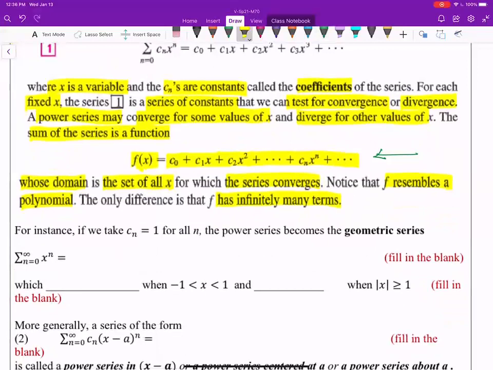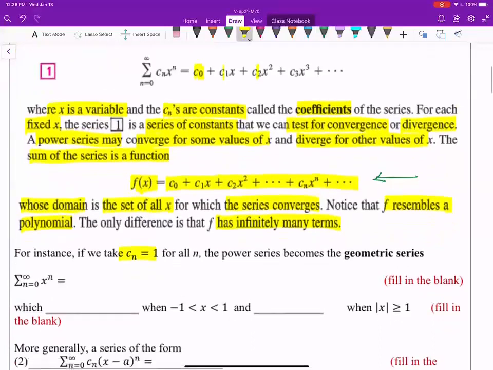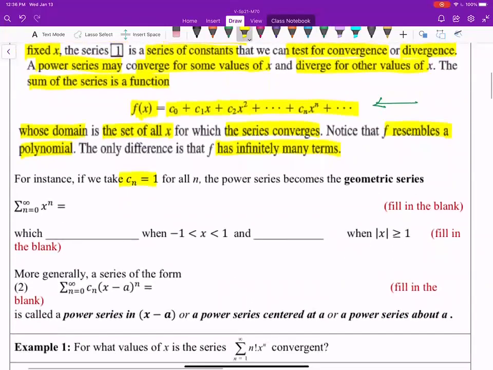So we are going to give one specific example. If we take the cn's to be all 1, then we get a geometric series, because all the coefficients are 1.